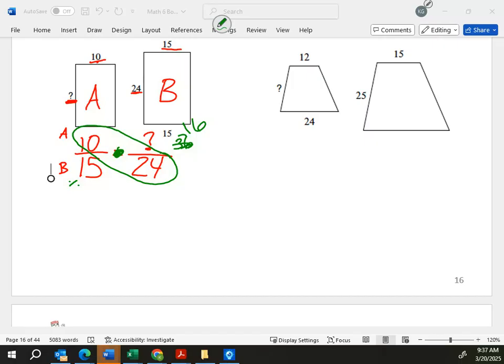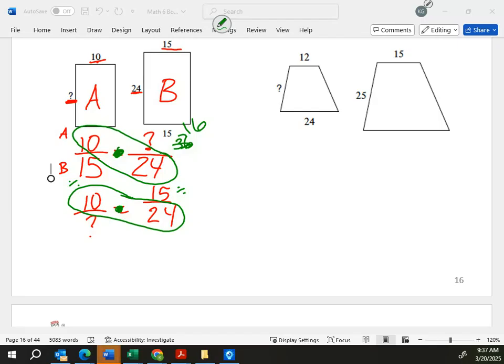getting bigger. Okay. If we had set it up using the other method, we would have had 10 over question mark equals 15 over 24. So again, we're going to multiply diagonally. Look at that. We still have that 10 times 24 divided by our 15.